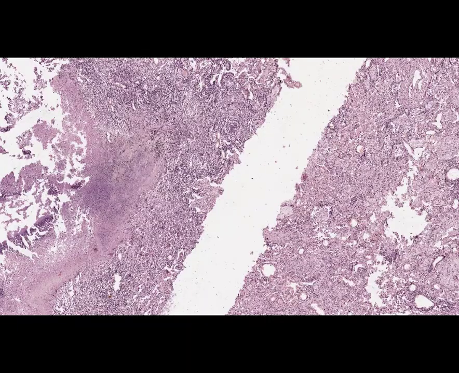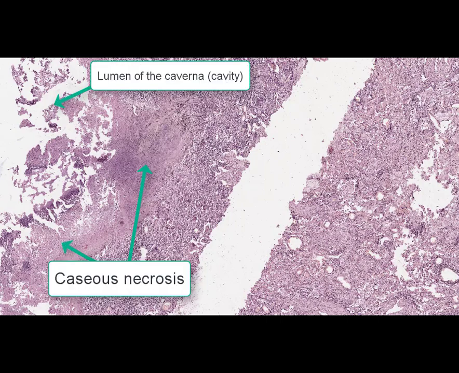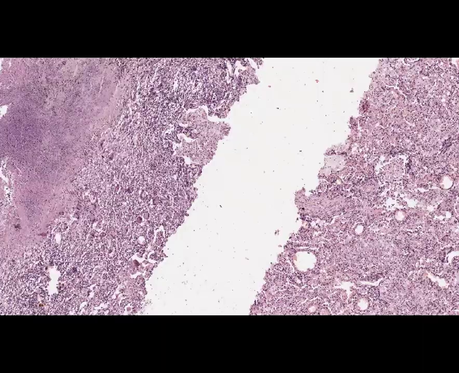At low magnification, the wall of the tuberculosis cavity has three layers. An inner layer is formed by necrotic, homogeneous, non-cellular dry masses, which is represented by the caseous necrosis.